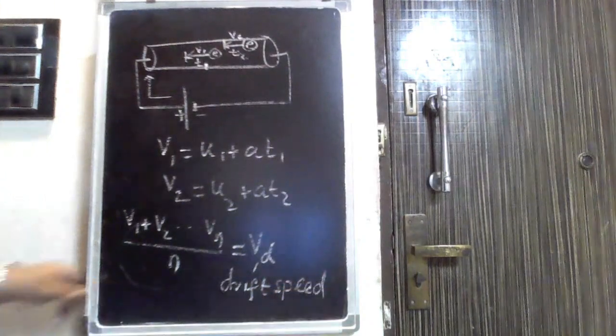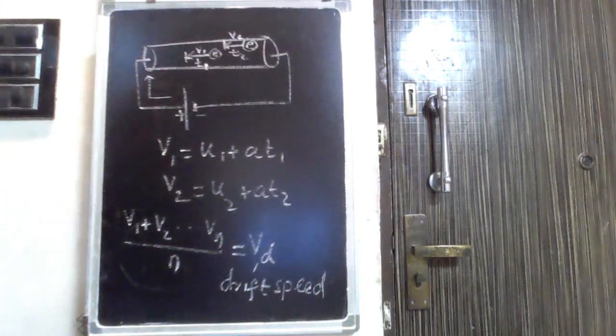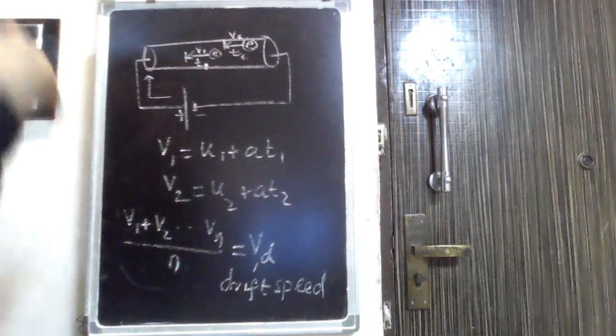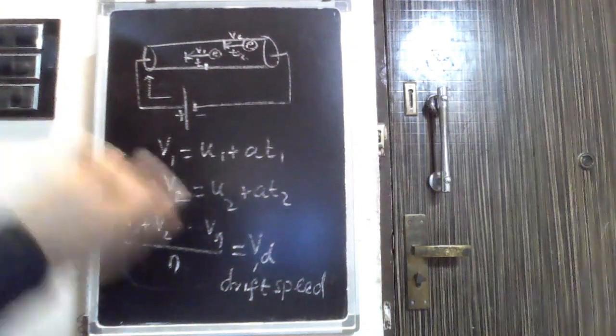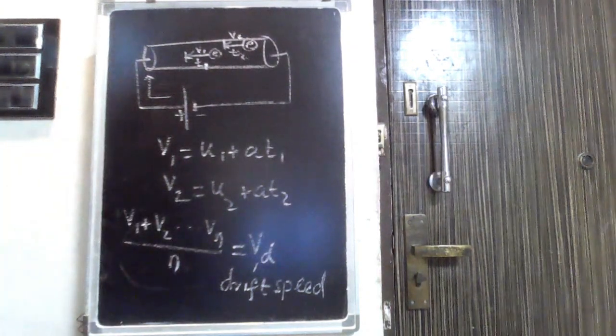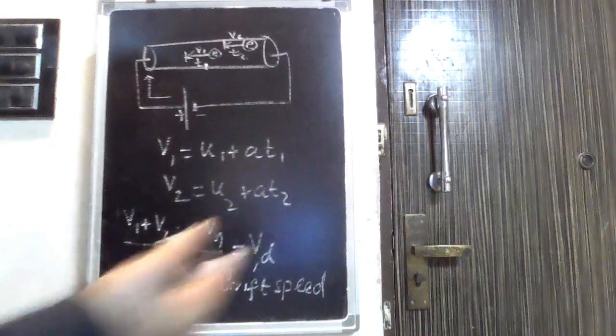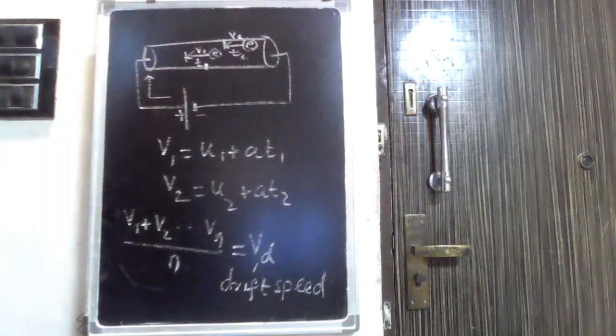So the problem we are facing here is electrons are moving at different speeds. The electrons are reaching different speeds after collision. So because of that, the speed of electrons cannot be one value. So if I ask you what the speed of an electron is now, different values are coming into the picture, so the average value has to be taken.